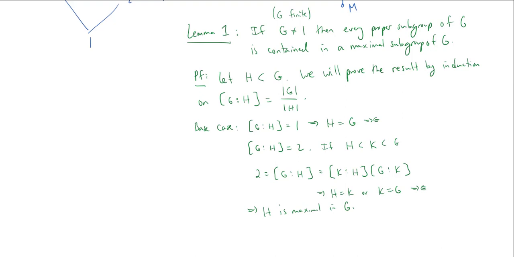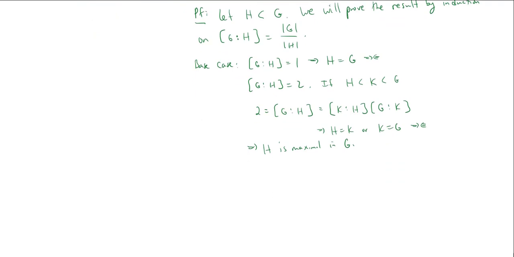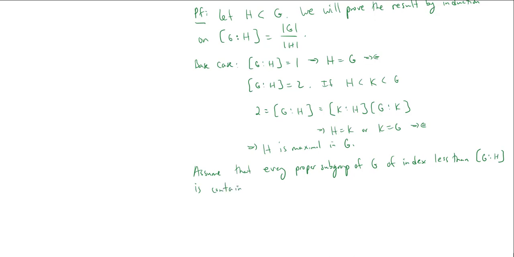Okay, so cool. We have a base case that you might believe. How about the inductive step? So assume that every proper subgroup of G of index less than the index of H in G is contained in a maximal subgroup.